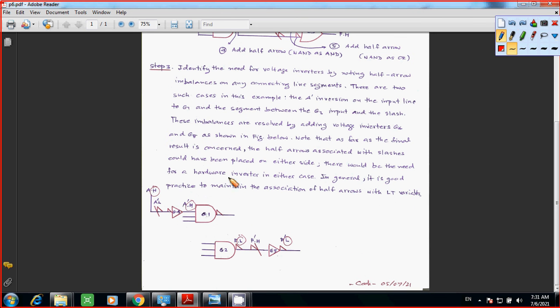So your A high true, when it goes to the slash and the half arrow, does turn out to be A prime low true, right? Because the slash do the prime work, and L is actually from the half arrow. So this is the imbalance because you have high and low.